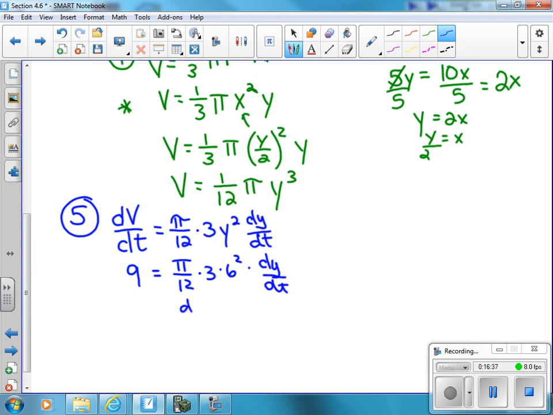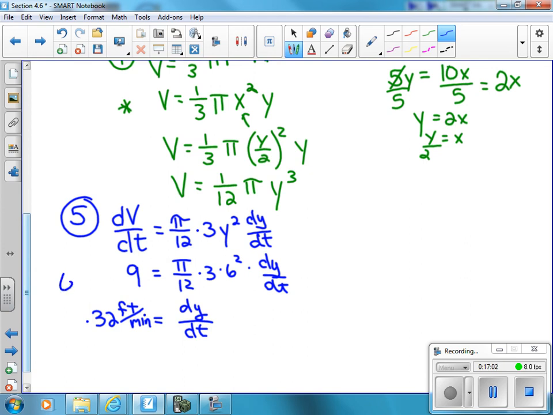All right, if you calculate that all up and do your fancy algebra on that whole little equation, what you should get is 0.32 feet per minute. That is how fast the water level is rising.